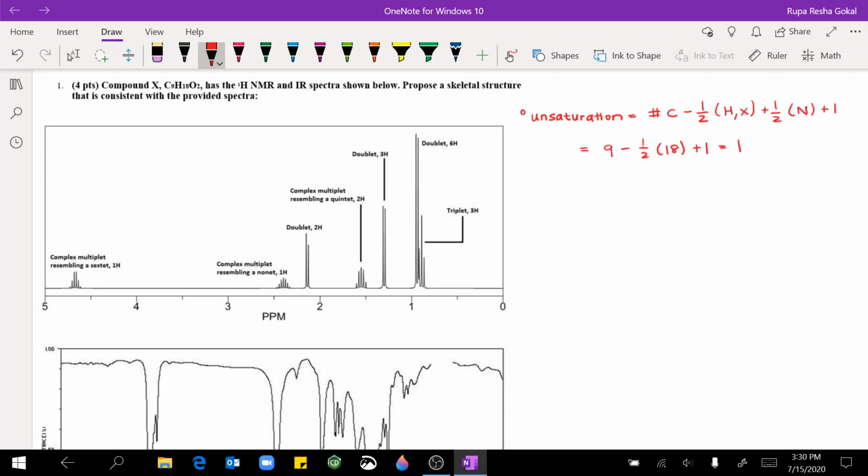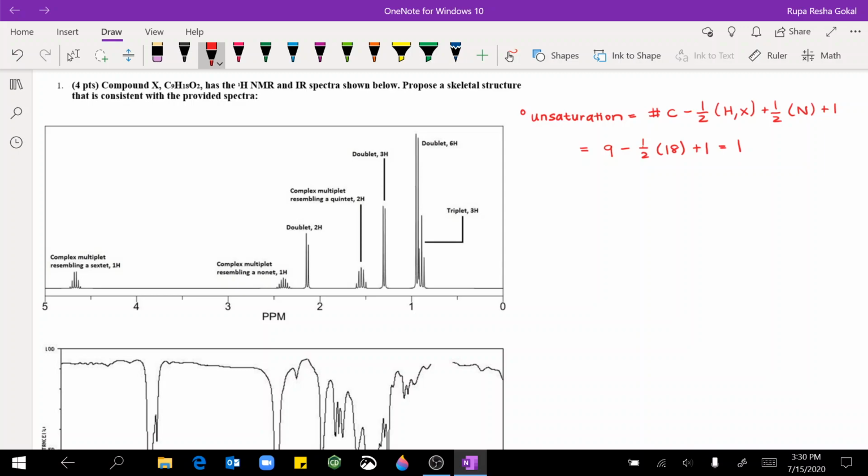But if you don't see either of those, then it helps you think of a ring, because we didn't work on identifying rings in the IR since it's not a super reliable signal. So if you can't find a carbon-carbon double bond or a carbon-oxygen double bond, it's likely that you have a ring in your molecule.